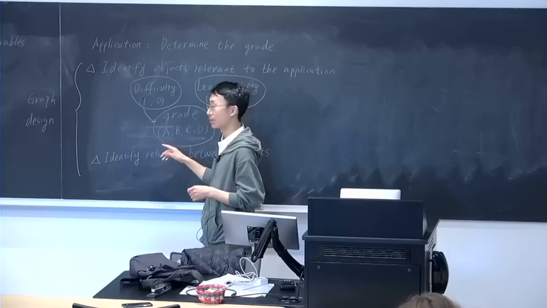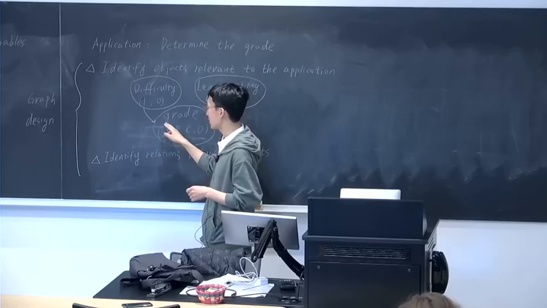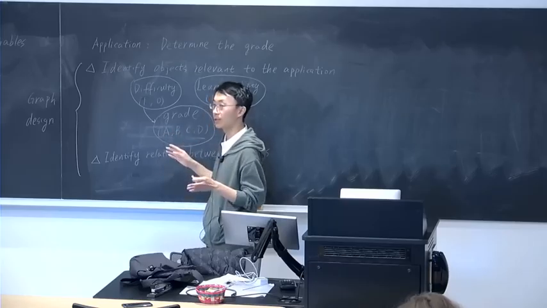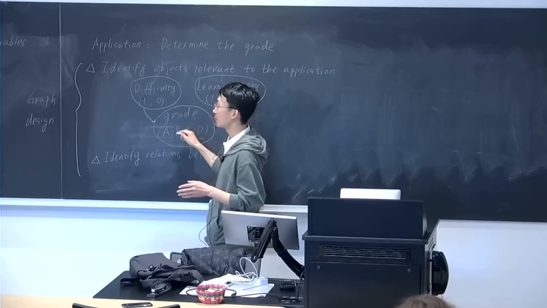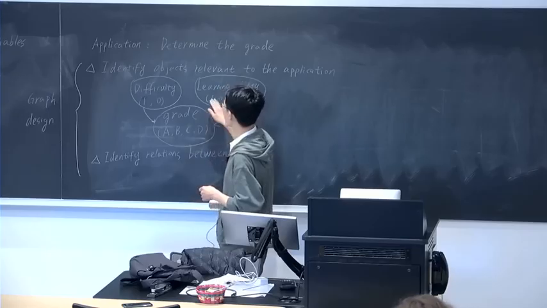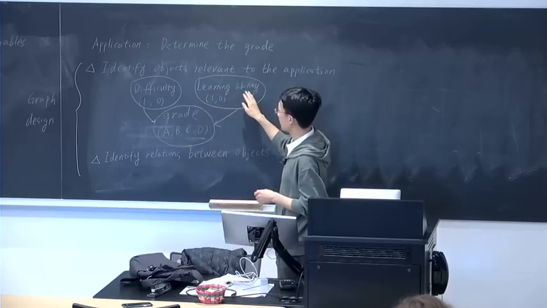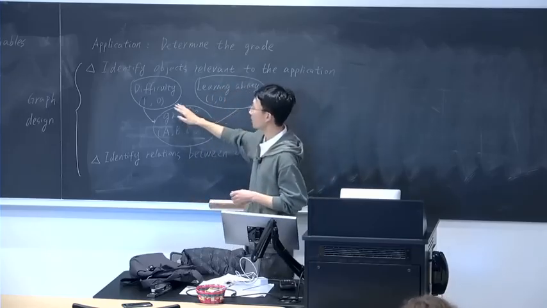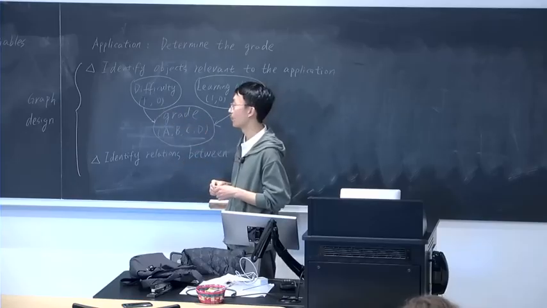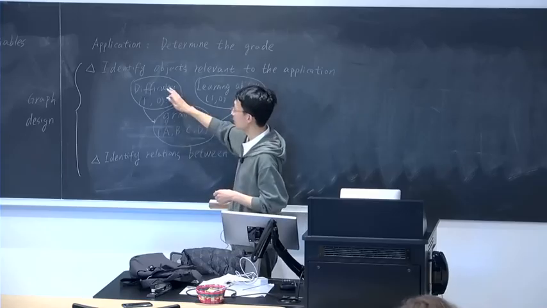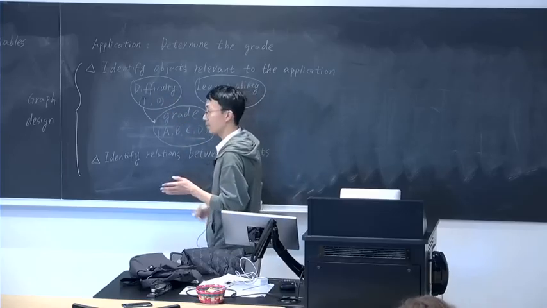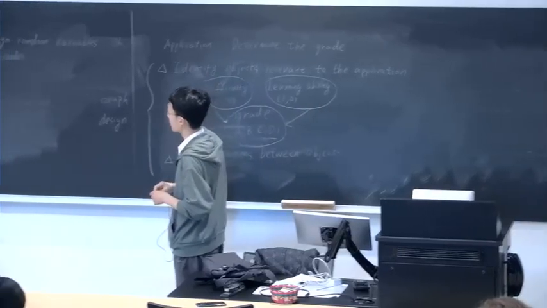So the chance that I'm getting A or B or C or D is all random. So we use random variables to model the grade. Similarly, for the learning capability and for the difficulty, there is also randomness. It's not something deterministic. So we are going to use random variables to account for the randomness in the objects.